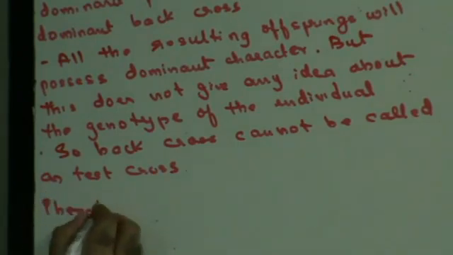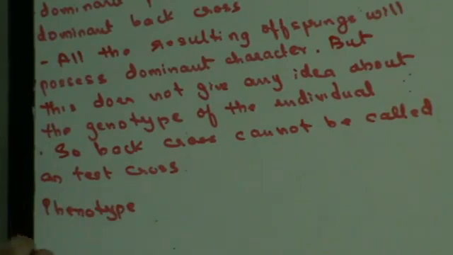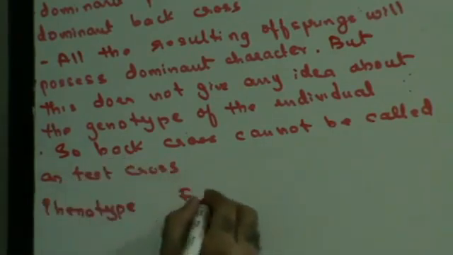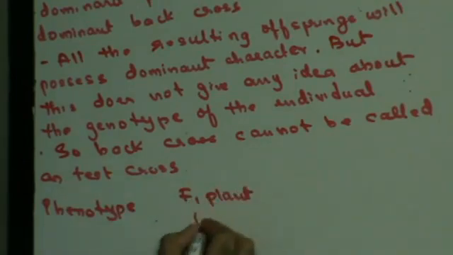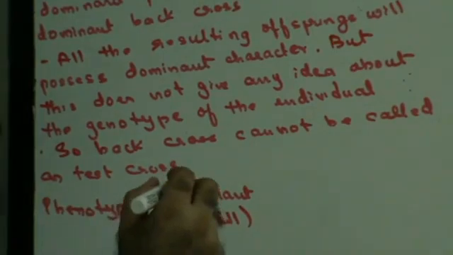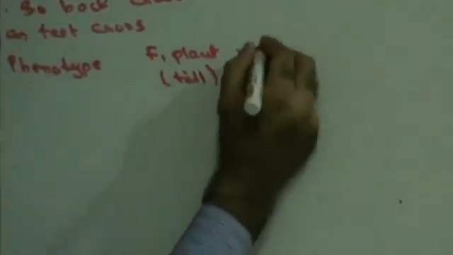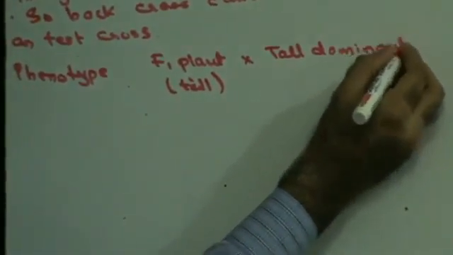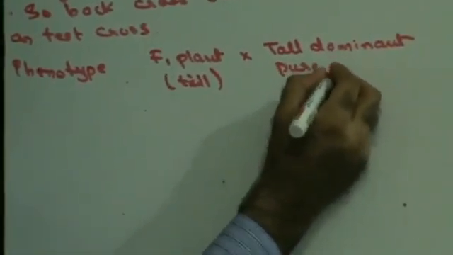Phenotype, you have F1 plant. This is tall, and you have tall dominant pure parent. Right?